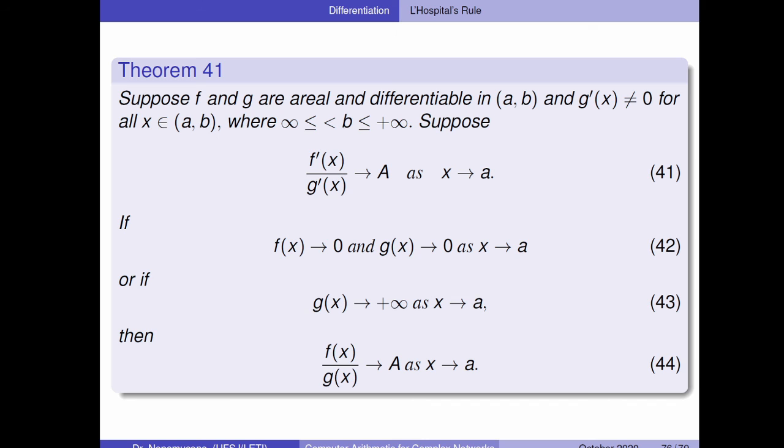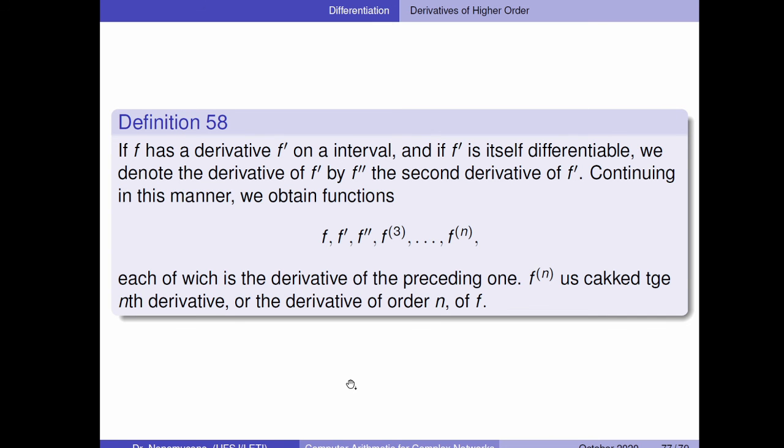And suppose f and g are real and differentiable, so you can use this to make some suppositions and get the result; it's the same as the result of the derivative.